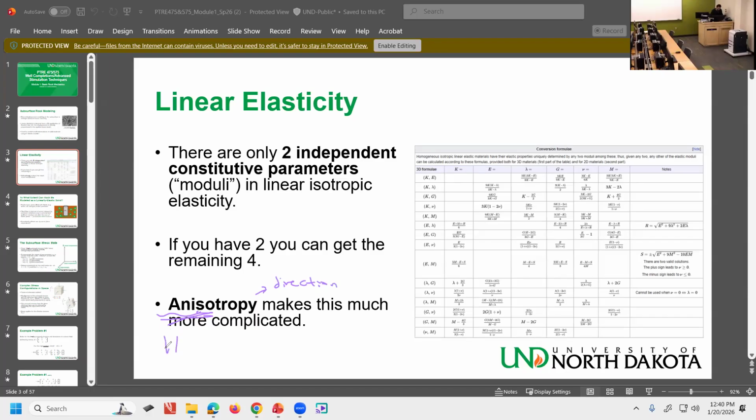When you hear heterogeneity, think of region or location. I go from here, and I see different values. But anisotropy means that I'm just looking in a different direction and I see different values.